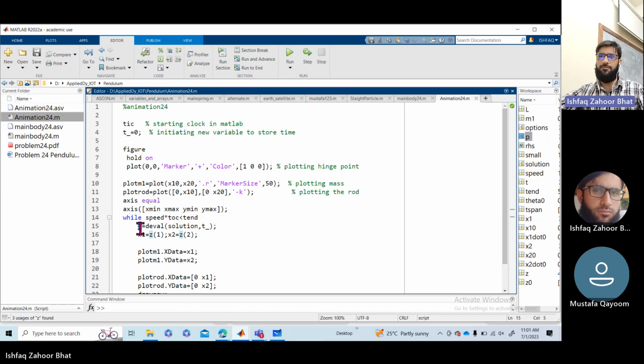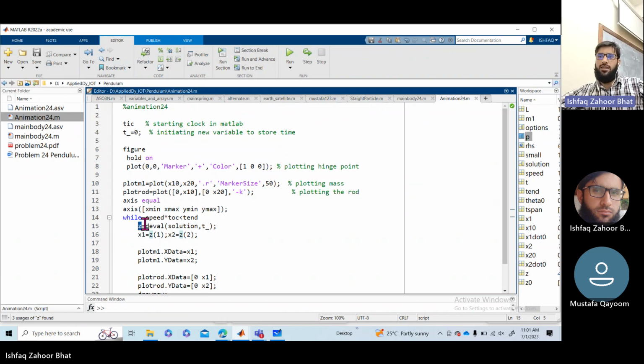Is this okay? Any confusion? No, sir. Okay, so this will return the z vector at instant t underscore, but t underscore is 0, so it will return the initial value of the z vector.